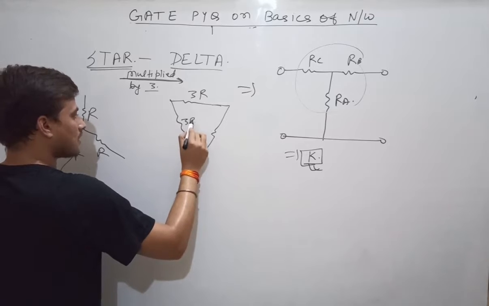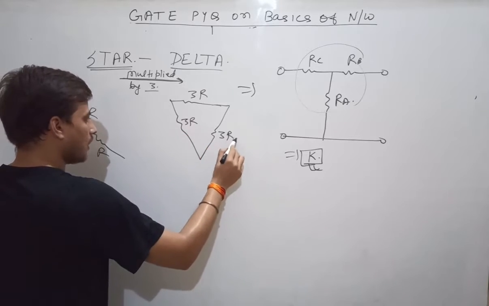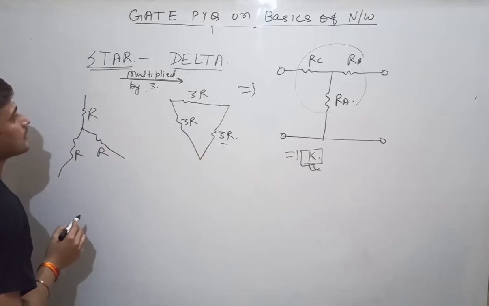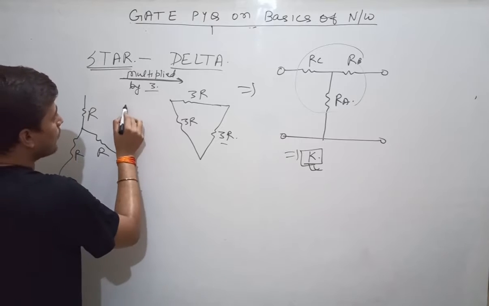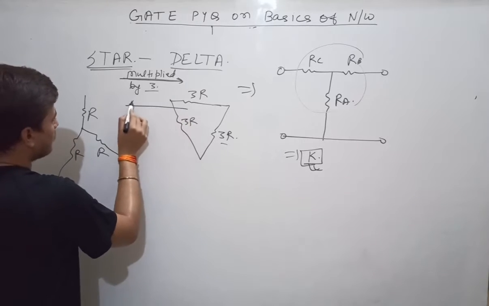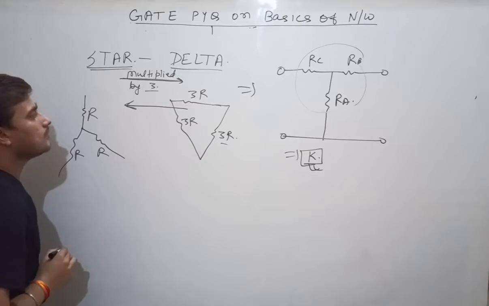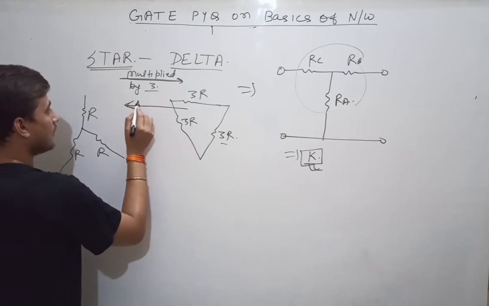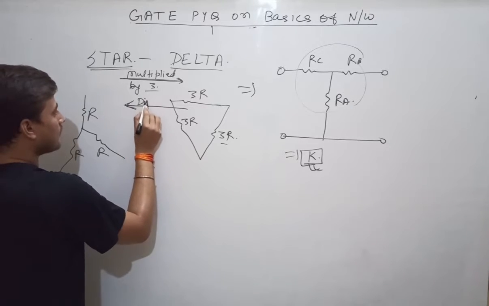So you can directly write the value 3R. Next, if you are coming from delta to star, then the resistance will be divided by 3.